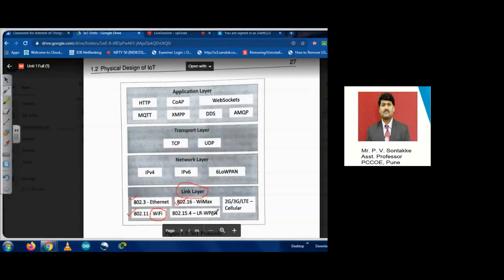What happens if the devices are very far from each other? Now take an example, in a specific city. Suppose in Pune, I have one device at Hadapsar, another device in Shivaji Nagar. These are very far devices. The distance between the devices is very far. In that case, I'll be going with WiMAX.